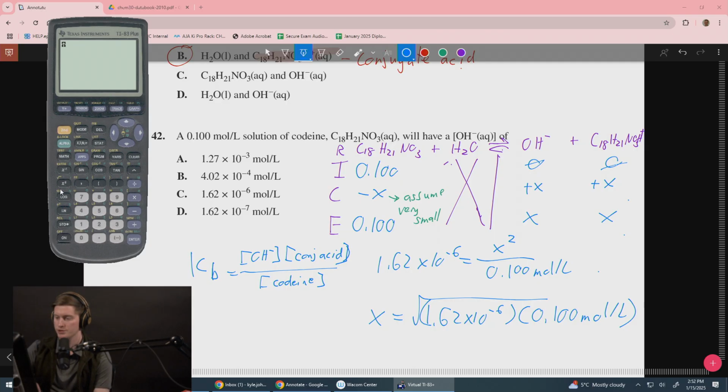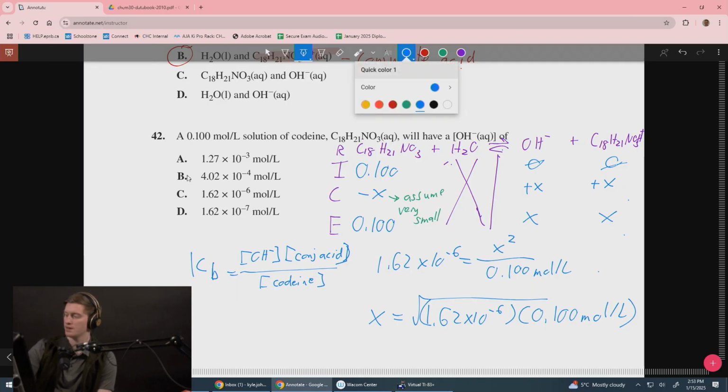So we'll put this all into an expression, the square root, and then because it's in scientific notation, I'll put in brackets 1.62 times 10 to the negative 6 times our concentration of our base, 0.100. Put that in, and then we're going to end up with an answer that looks very similar to B. That's our concentration of our hydroxide ions, B.